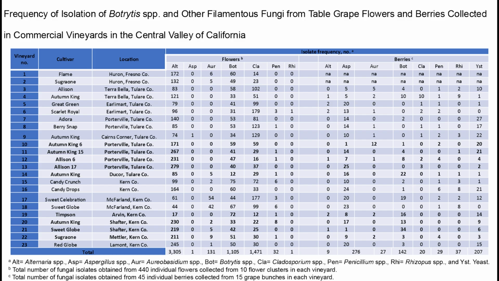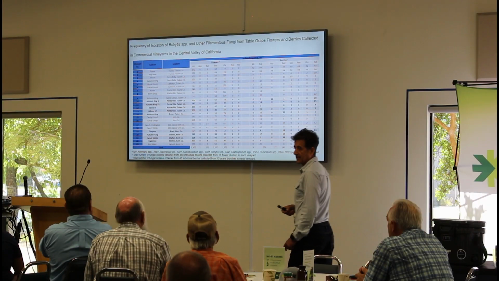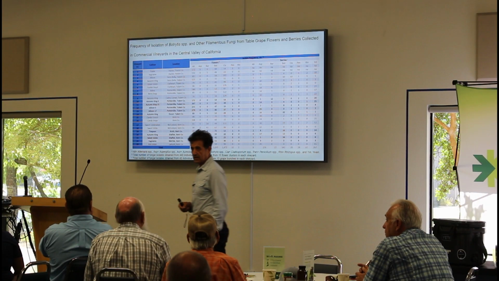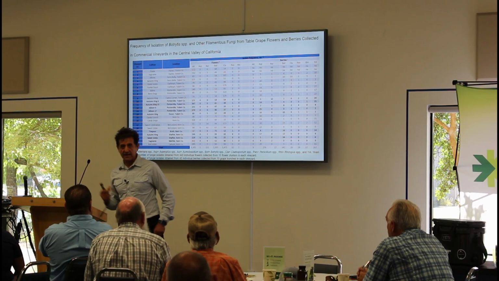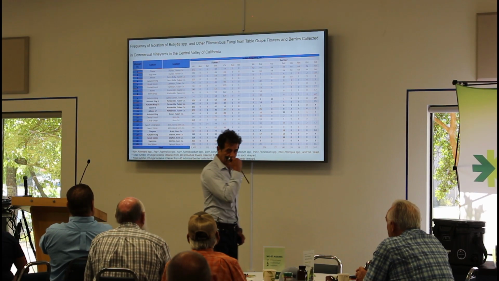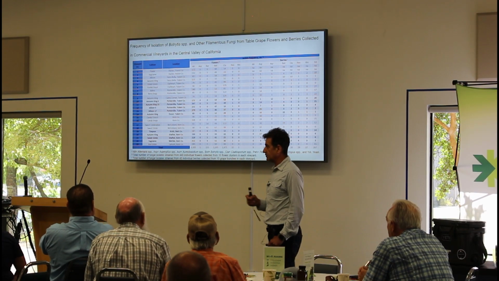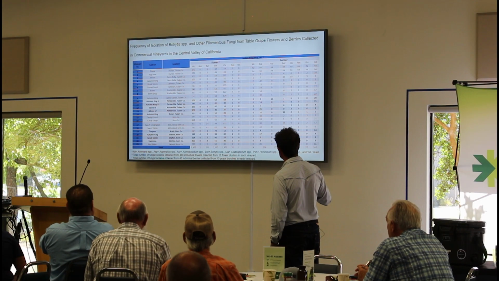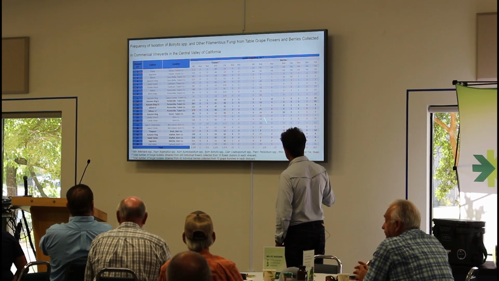When it turns into berries, it's similar, but it turns into a different story: Aspergillus, Botrytis again, Cladosporium, Penicillium starts coming up, Rhizopus, and yeast comes later on in those berries. That shows us the importance of when to apply, and how to apply, those pesticides, fungicides, or biocontrol agents.